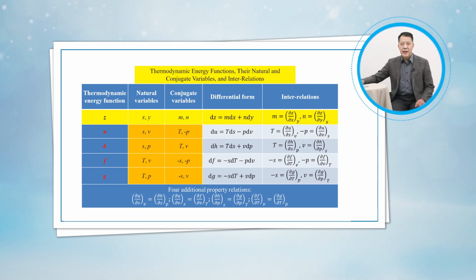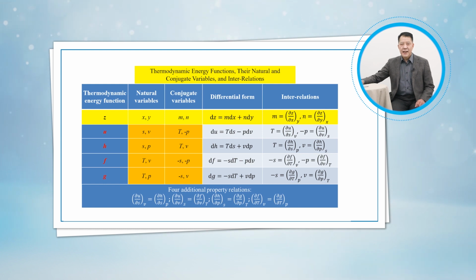In addition, from a physical point of view, experimental measurements of variables T, P, V are more easily accessible than S. This motivates seeking relations that can eliminate the need for measurement of S.